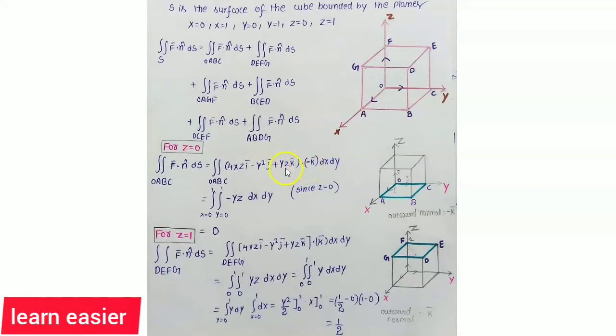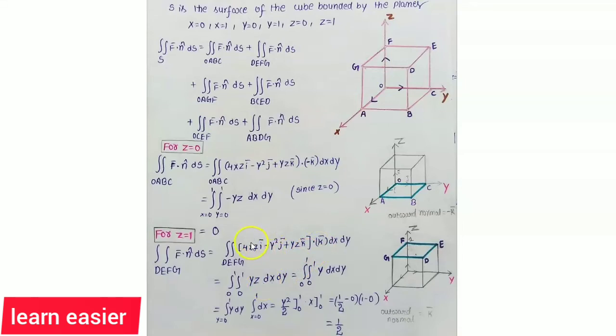So 1 into minus 1 into yz is minus yz dx dy. Why? Because in dot product i bar dot i bar is 1, j bar dot j bar is 1, and k bar dot k bar is 1. So that's why we have multiplied only the coefficients of k bar. So we get minus yz only here, and here also yz into 1, which is yz here.